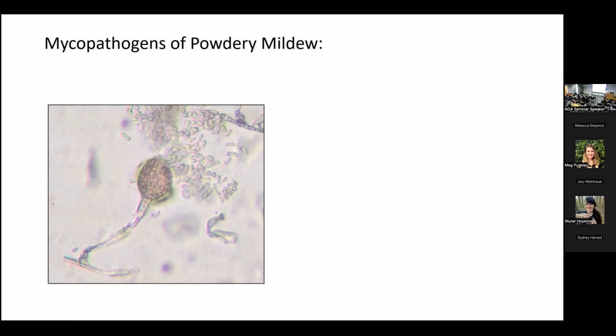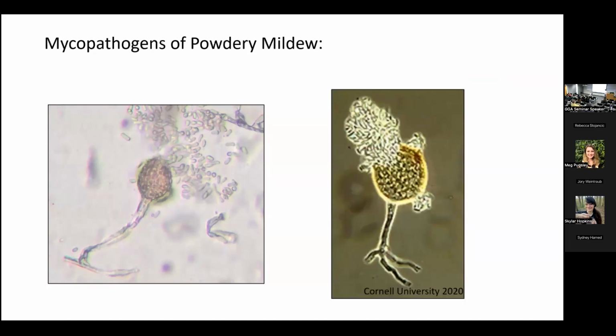If powdery mildew is understudied, this is even more understudied. Here's another picture. And just imagine the comparative transcriptomics you can do of the plant, the pathogen, and the pathogen of the pathogen. I think this is something that I'm trying to dive into more. There's only 2 cultures of this that have been isolated in North America, even though you find a ton of diversity in their genomic sequences.